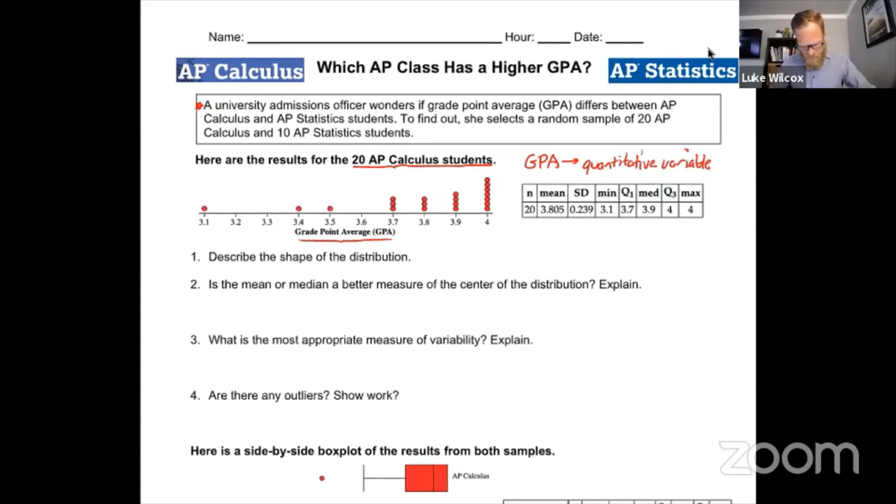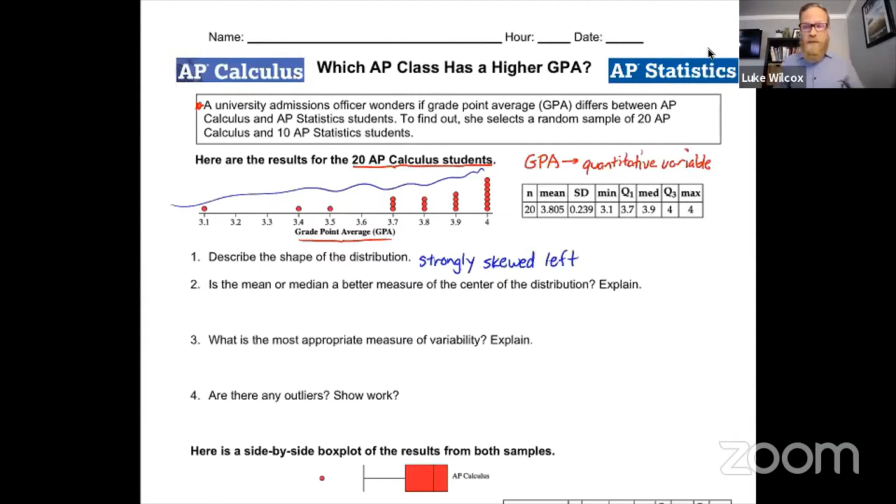In fact, it looks like it's definitely skewed a little bit to the left there. Okay, so I'm going to say that this is skewed left. And I usually like to give a word out in front of that, like slightly, moderately. This is a fairly strongly skewed left distribution. So I'm going to say strongly skewed left.